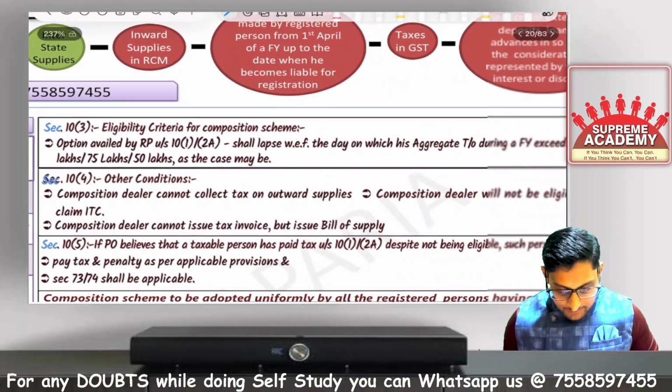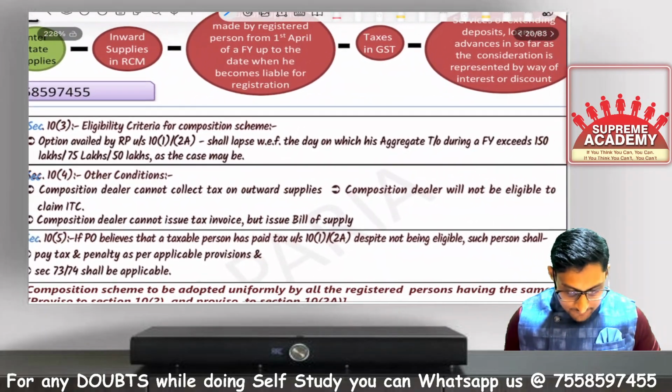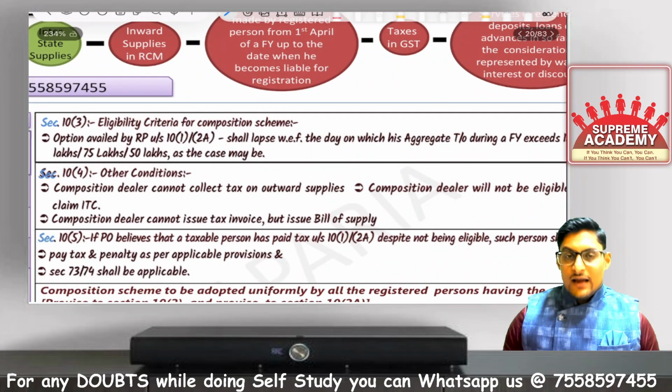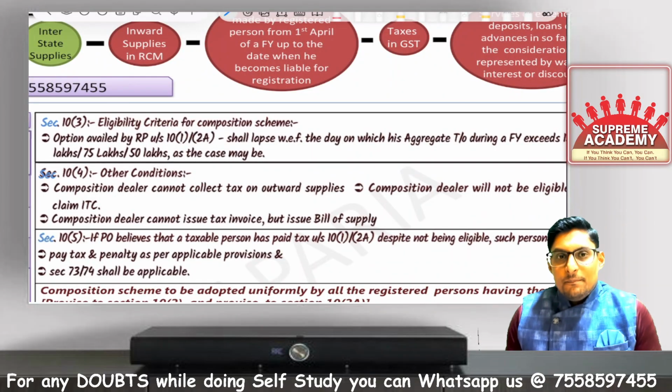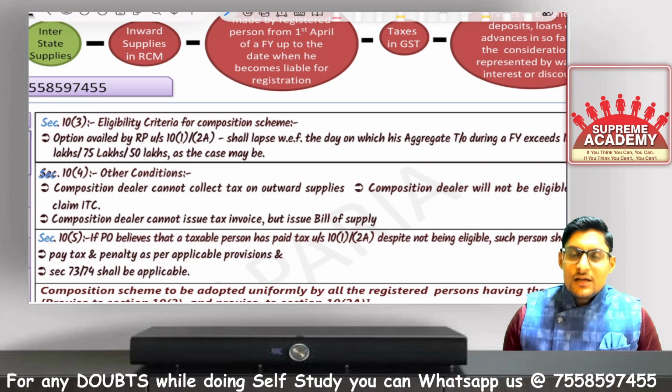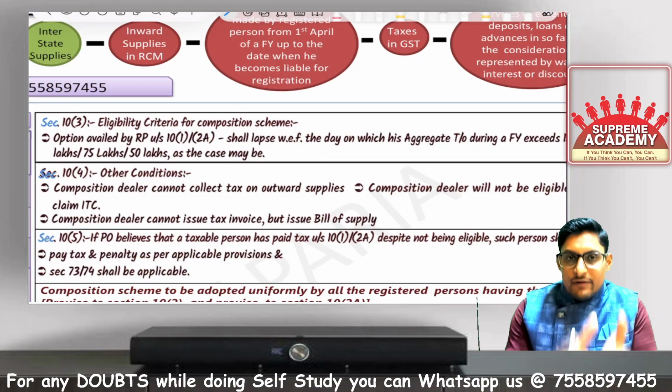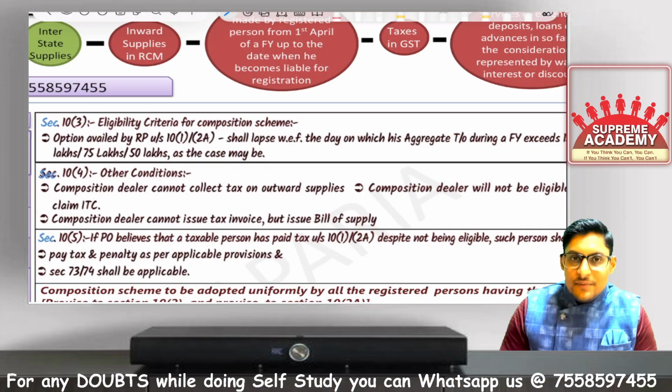Now, coming forward, section 10.3. What does section 10.3 say? It says that, agreed, you have seen that the preceding financial year turnover is not more than the prescribed limit, that is 1.5 crore, 75 lakhs or 50 lakhs as the case may be.